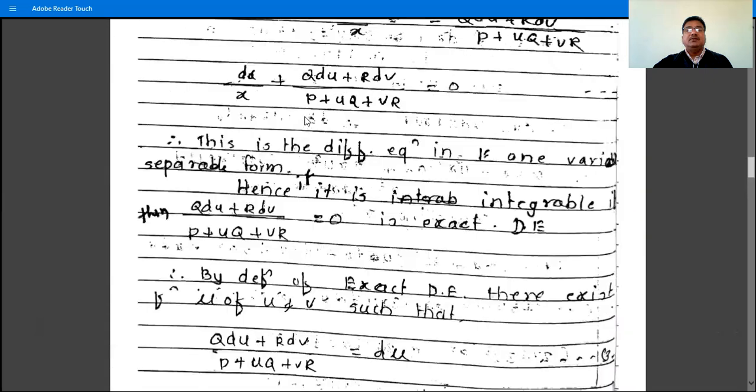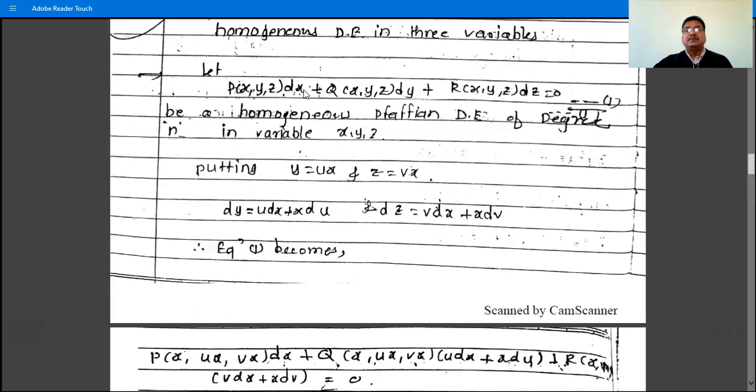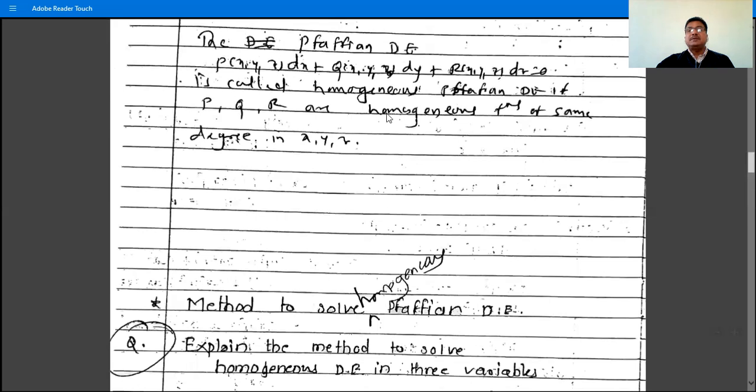So when we say P(x,y,z) dx plus Q(x,y,z) dy plus R(x,y,z) dz is equal to 0, or P dx plus Q dy plus R dz is equal to 0, it is called a homogeneous Pfaffian differential equation of degree n if P, Q, R are all homogeneous functions of the same degree n.